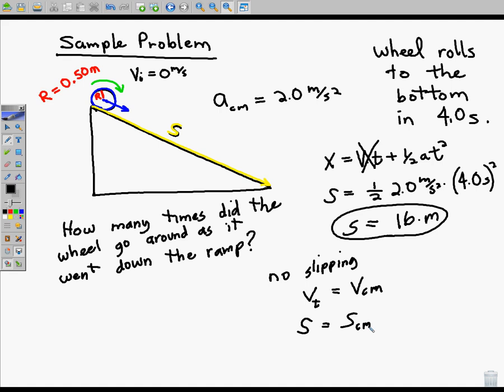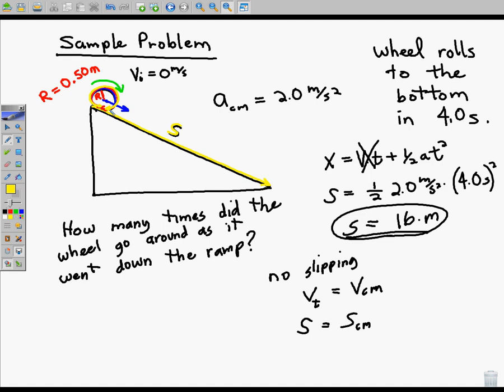In other words, if the wheel rolled down the ramp 16 meters, we know that if we put a point right here, and we measured the distance that it went relative to the center, never mind the fact that the ball is going down the ramp, completely forgetting about that, but just measuring the distance. Well, this particular point right here, how far around was that circumferential distance as it went down? Well, it too would be 16 meters.